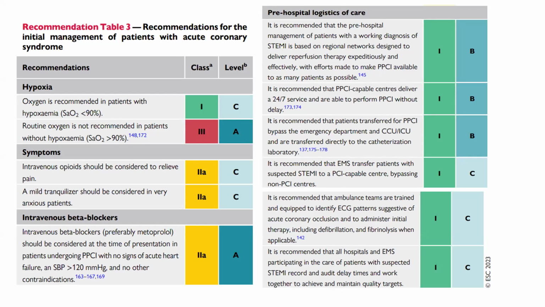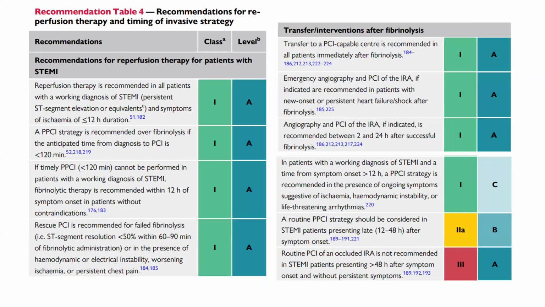It is recommended that ambulance teams are trained and equipped to identify ECG patterns suggestive of acute coronary occlusion and to administer initial therapy, including defibrillation and fibrinolysis when applicable. It is recommended that all hospitals and EMS participating in the care of patients with suspected STEMI record and audit delay times and work together to achieve and maintain quality targets.